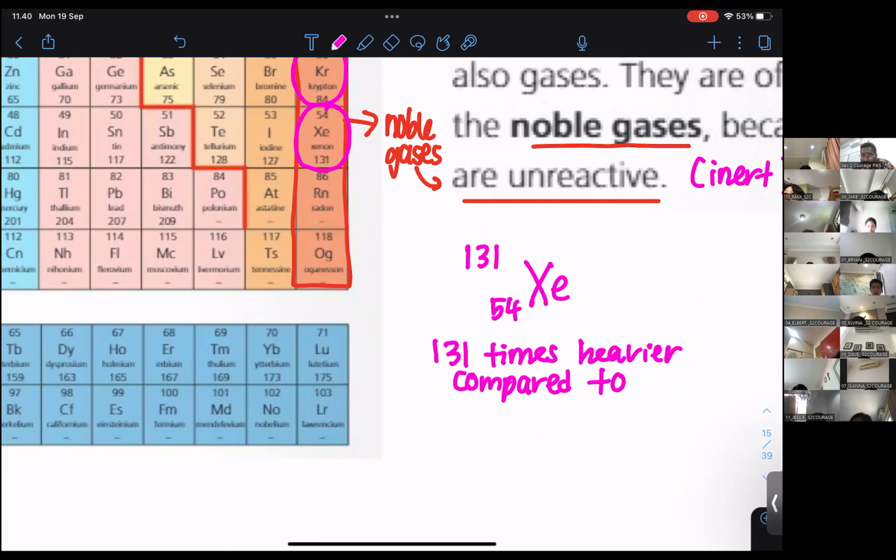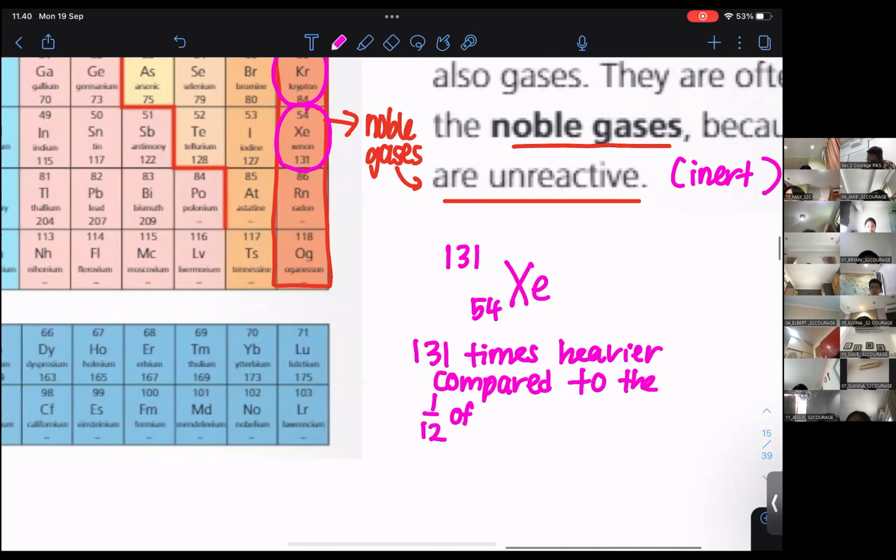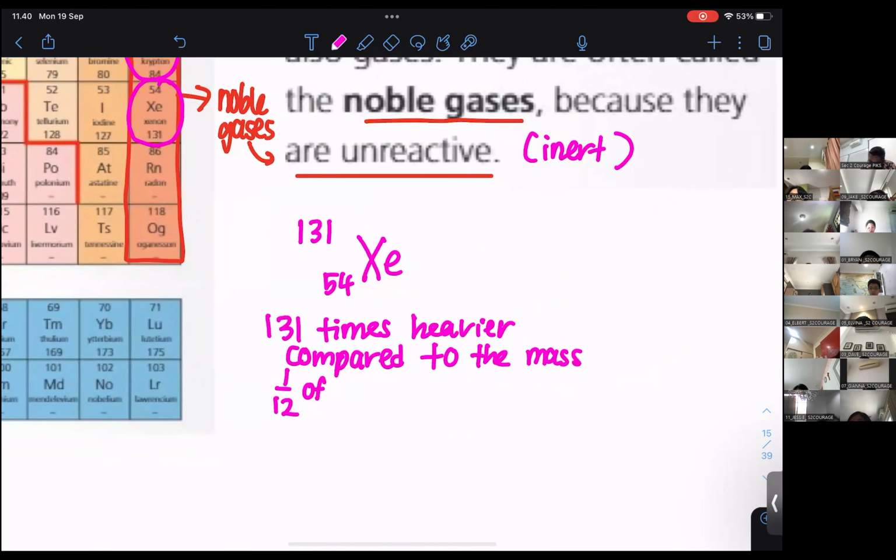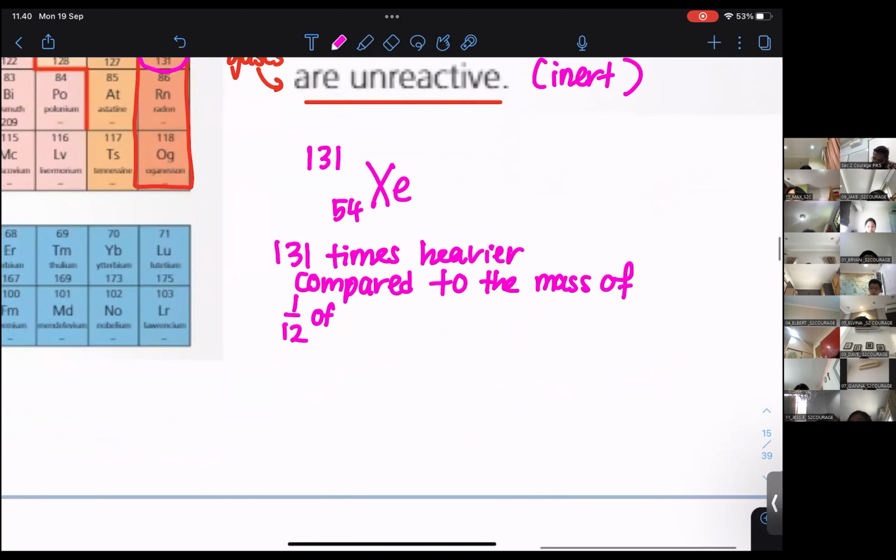Jake, can you help over here? 1/12 of one atom of C12. Compared to the mass of 1 over 12 of one atom of carbon 12. That's the meaning. 131 times heavier compared to the mass of 1 over 12 of one atom of carbon 12.